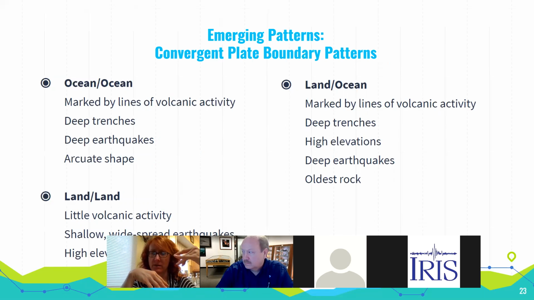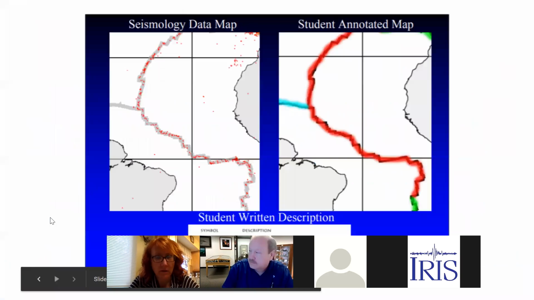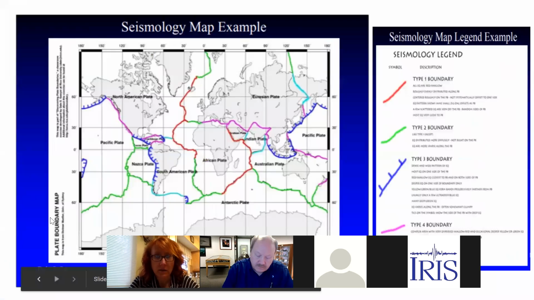There are definitely earthquakes on the overriding plate, but as well on the subducting plate. Yeah. So depending on where it aligns with, you had a topography map that they can see that it'll actually end up being on both sides, but their patterns will be a little different. Yeah.